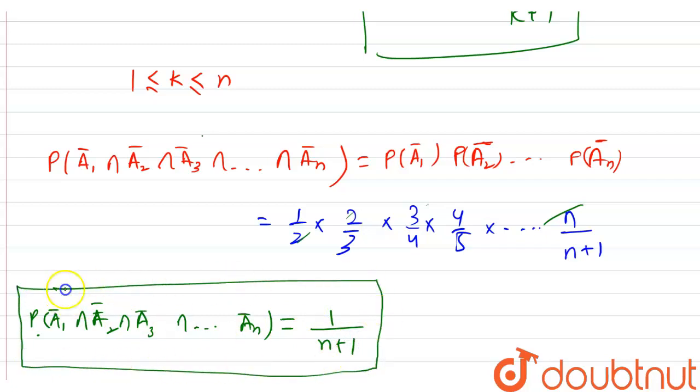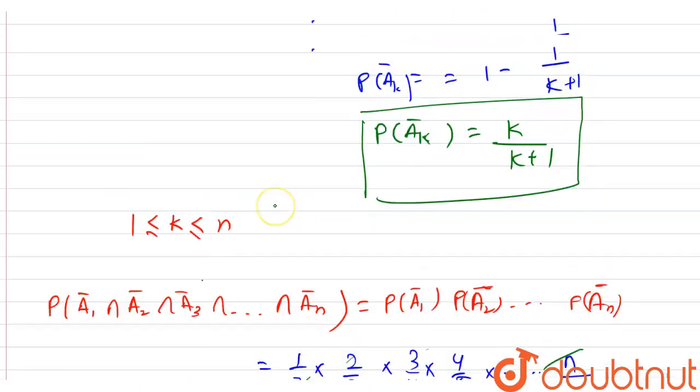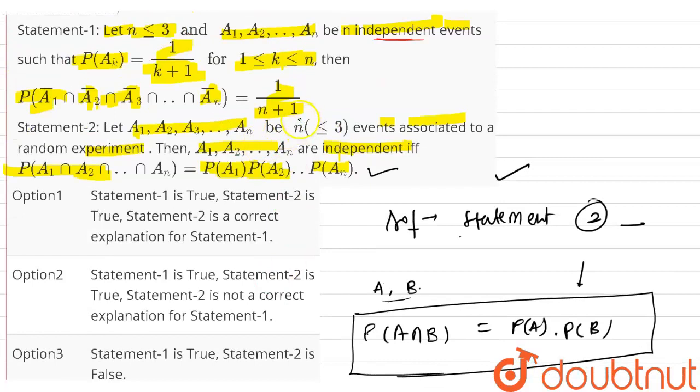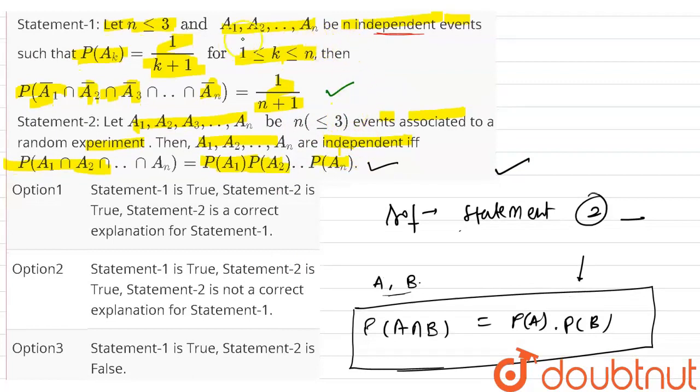So this is the final answer, which is what we have in statement 1. So statement 2 is correct, and statement 2 is the correct explanation for statement 1. So my option 1 is absolutely correct.